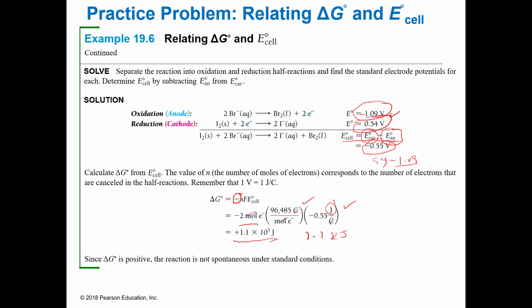Either one of those answers. Notice it is positive. That makes sense because the cell potential was negative.